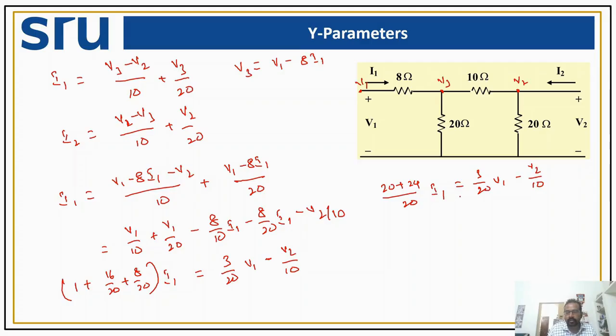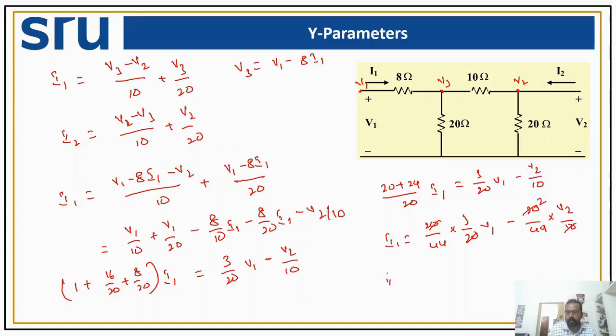When we send this towards the right, we get I1 equal to 20 by 44 into 3 by 20 V1 minus 20 by 44 into V2 by 10. So the 20 gets cancelled here, and here we have 1 by 10.